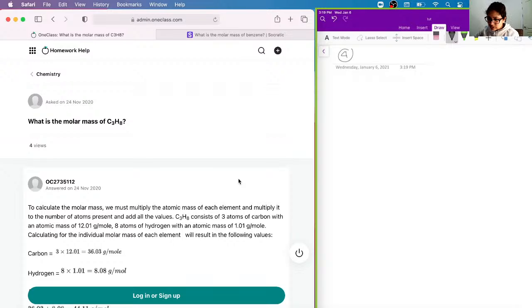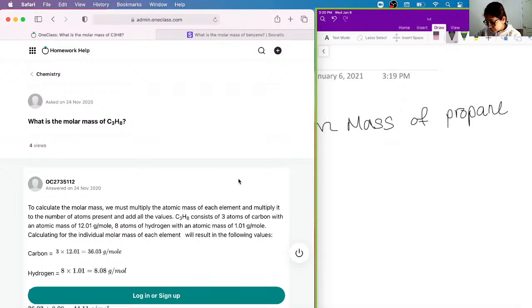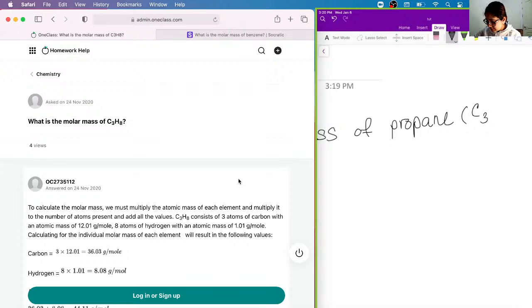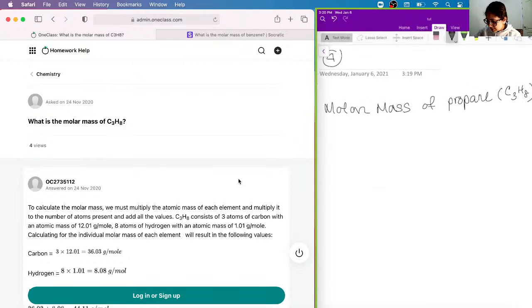To calculate the molar mass of propane, we have to break the substance into its individual elements, since we're dealing with two elements here, carbon and hydrogen.